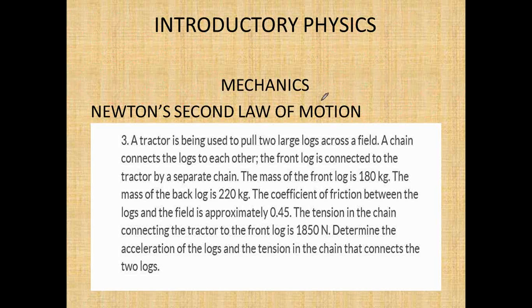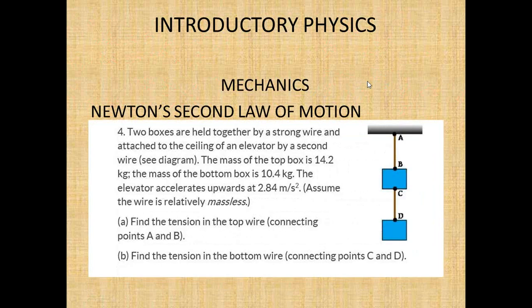You have to do the problems in order to fully appreciate what goes on. All right, so let's look at another problem. Two boxes are held together by a strong wire and attached to the ceiling of an elevator by a second wire.